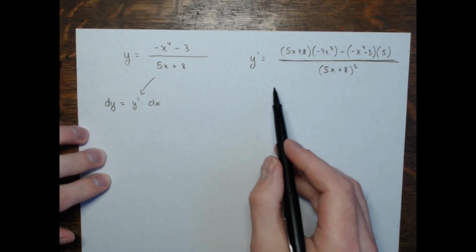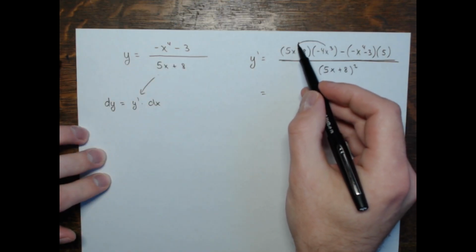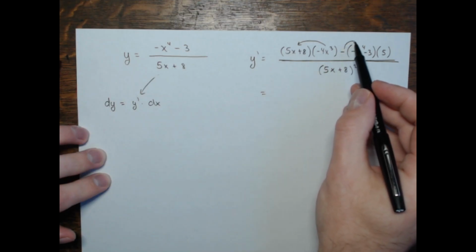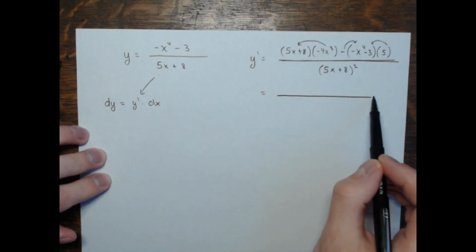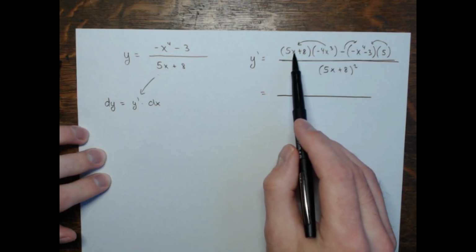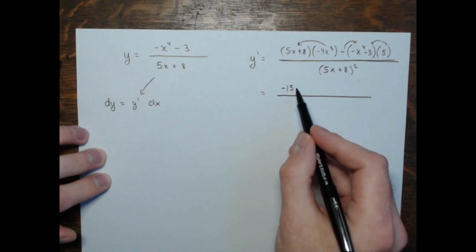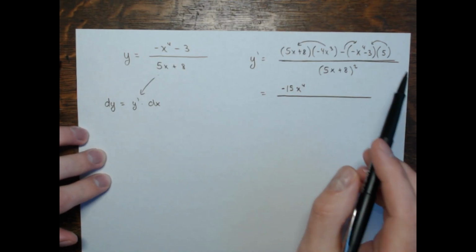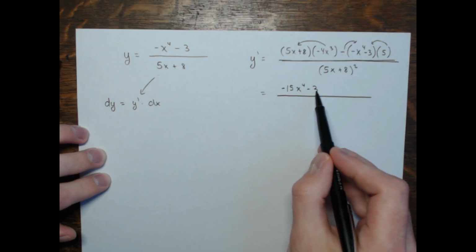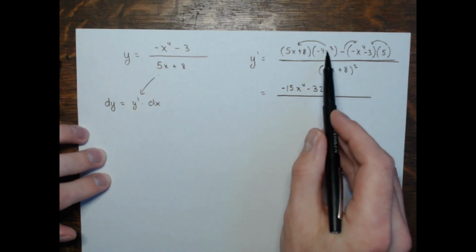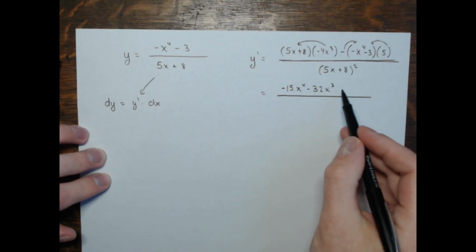Now I could simplify this a tad, because I'm going to be plugging some numbers into this. If I distribute the negative 4x cubed to these, and then the negative 5 to these, you'd have negative 20x to the fourth, then plus 5x to the fourth, so negative 15 times x to the fourth, then minus 32x cubed, and then plus 15, negative 5 times negative 3.